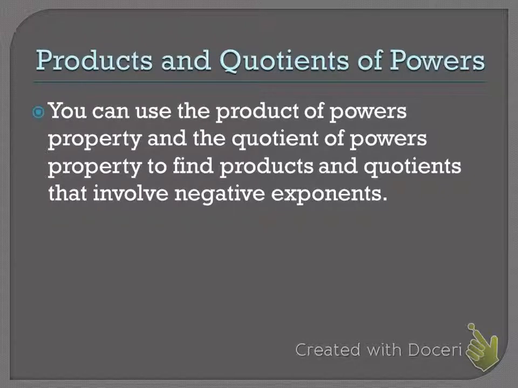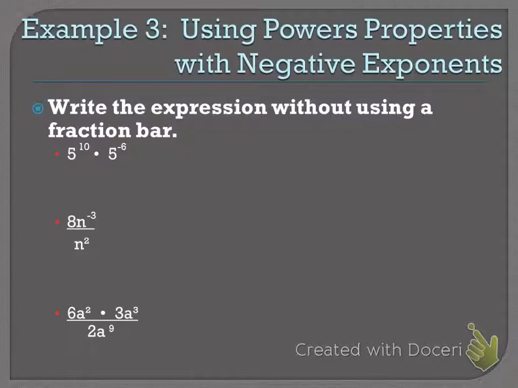Okay, we're basically using our product of powers and quotient of powers properties to now solve for negative exponents. All right, so we're in example 3 now, and we're going to work some of these together. Remember, our product of powers property can only be used if I have the same base.